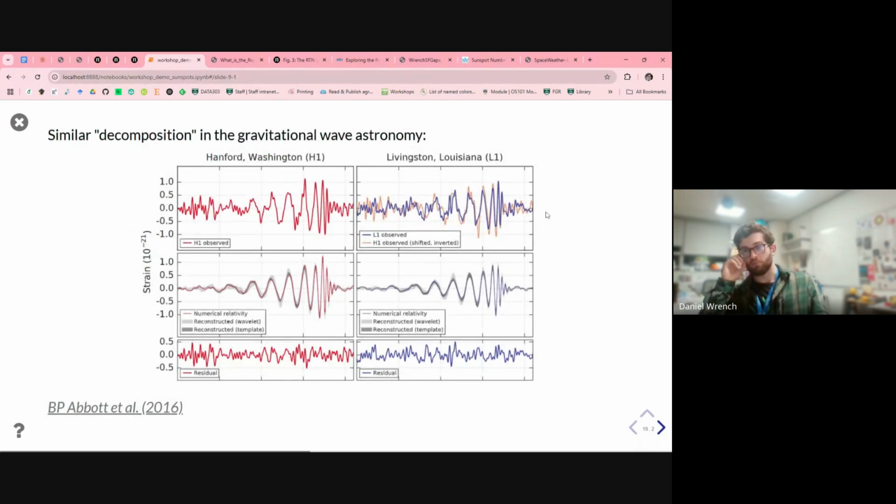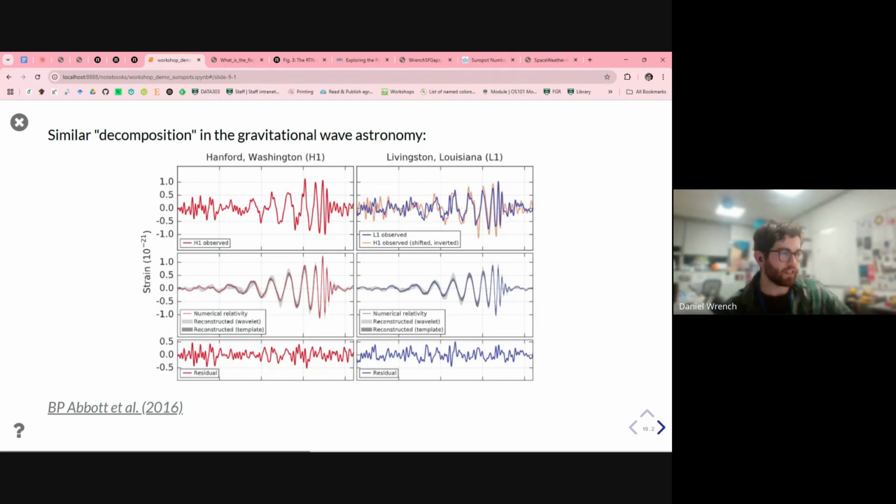And as I was doing a little bit of prep, I came across the paper in Physical Review Letters where the first detection of gravitational waves by LIGO was announced, and they had a somewhat similar analysis in their method. In the top row, they have the actual signal received by the gravitational wave antennas.